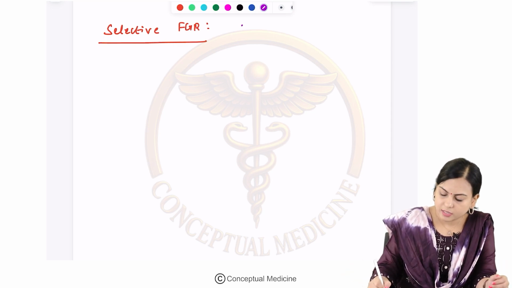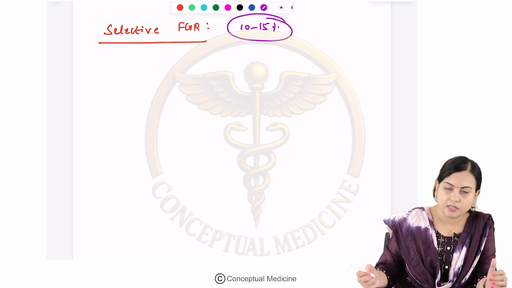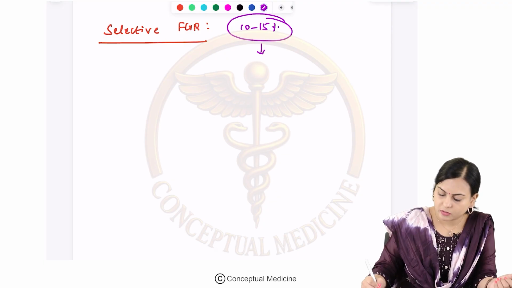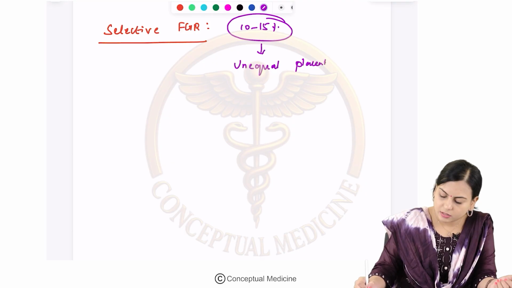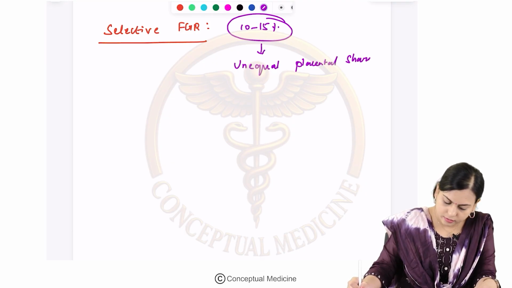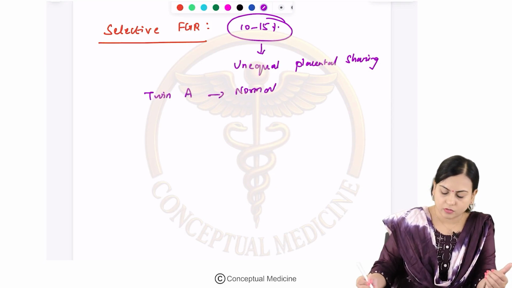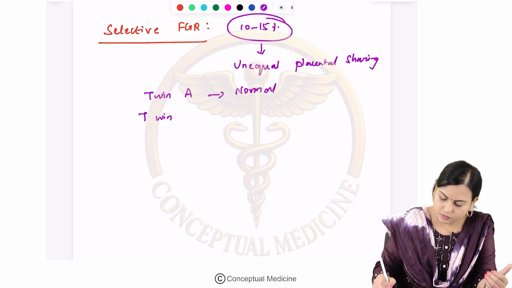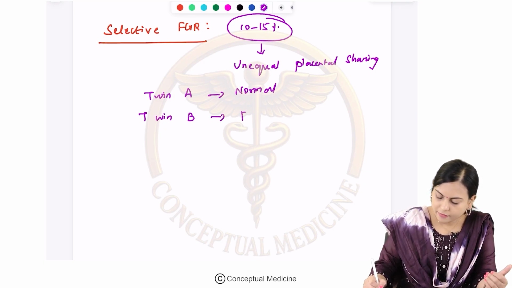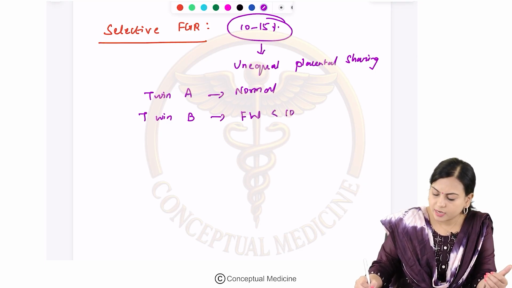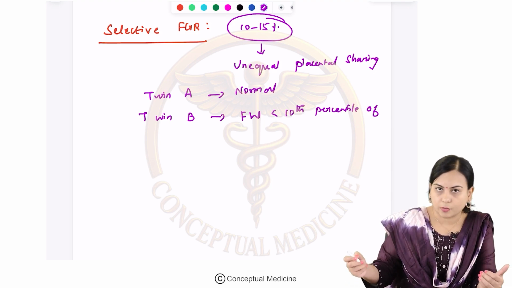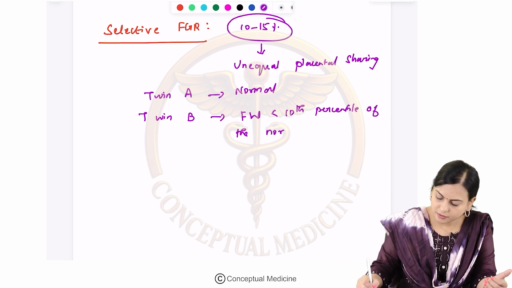This is seen in 10 to 15% of the cases due to unequal placental sharing. So, if you see, twin A can be completely normal, whereas twin B will have a fetal weight that is less than the 10th percentile of the normal fetus.